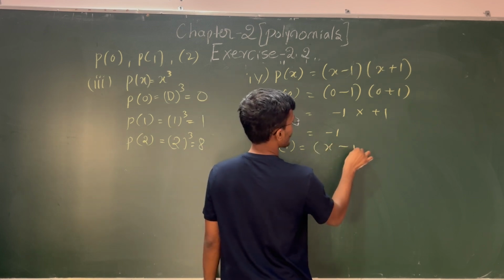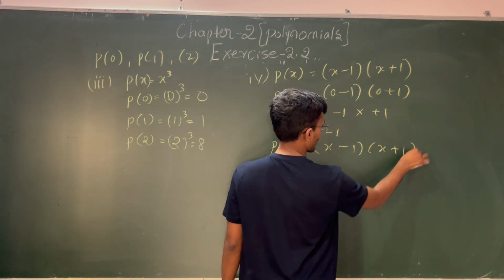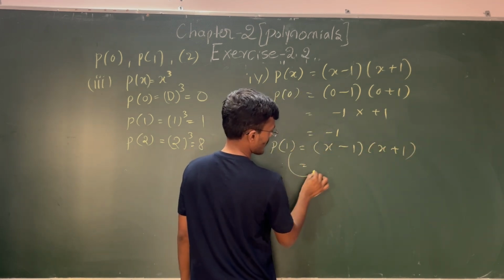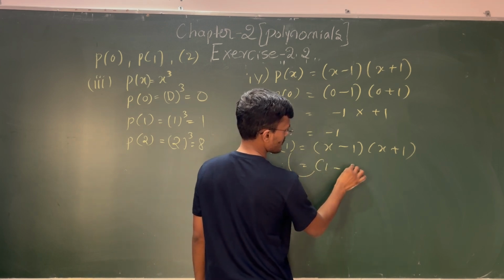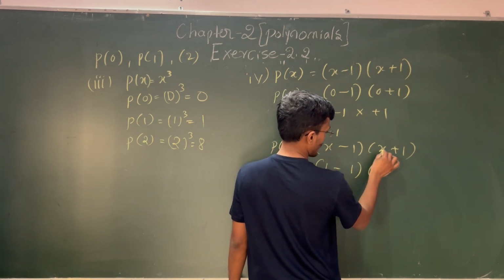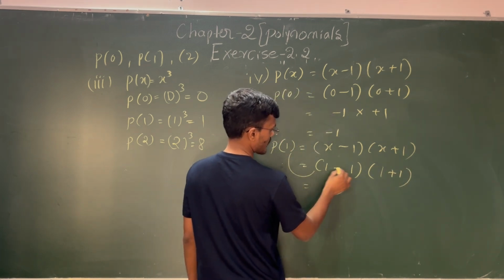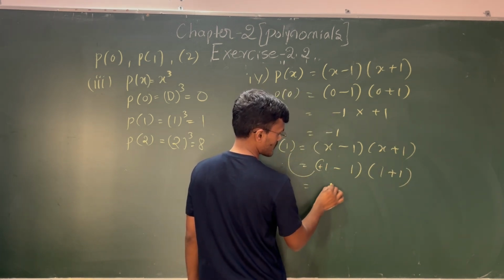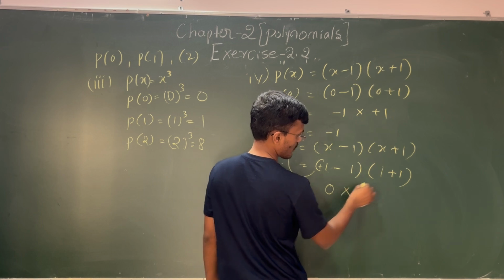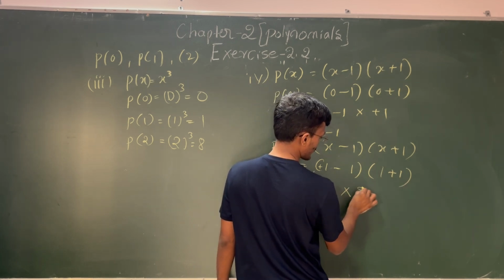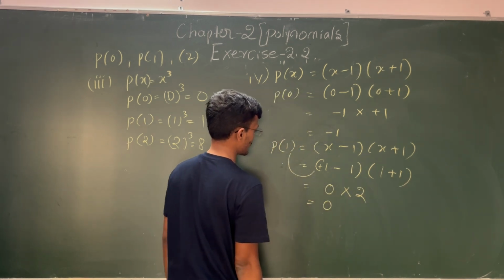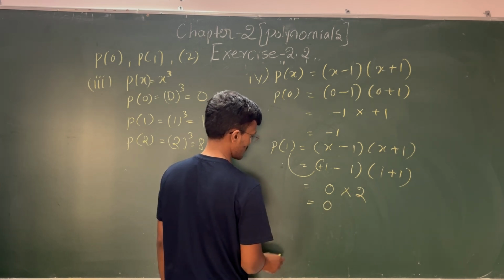So x minus 1, x plus 1, where x is 1: 1 minus 1, 1 plus 1. So 1 minus 1 is 0, into 1 plus 1, which is 2. So the answer is 0 into 2, 0.